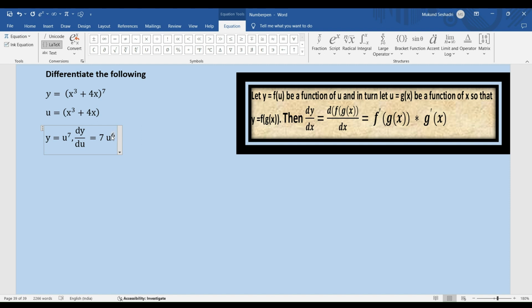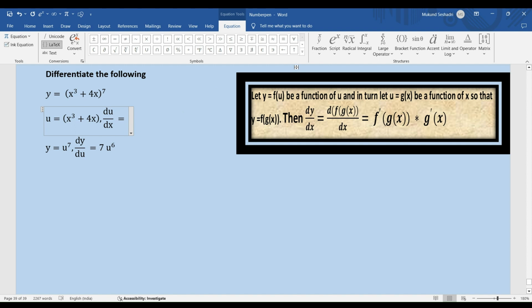We've been asked to find dy by dx, right? So how do I arrive at dy by dx from dy by du? The answer lies here in the earlier step where we made the substitution of u equals x cubed plus 4x, right? Now I'm going to determine what is my du by dx. My du by dx is nothing but the derivative of x cubed plus 4x. Again, an application of the x to the power n rule.